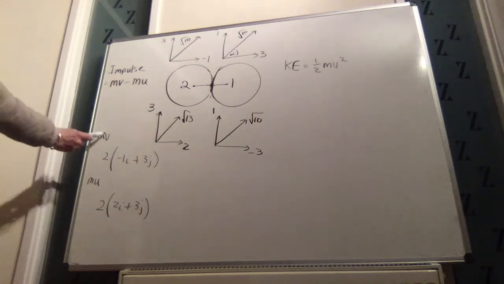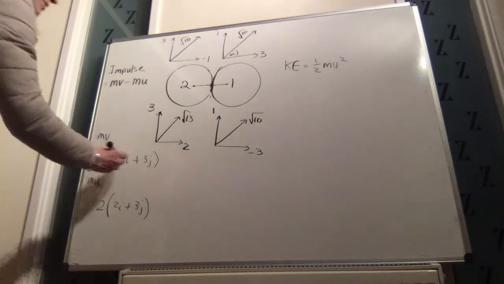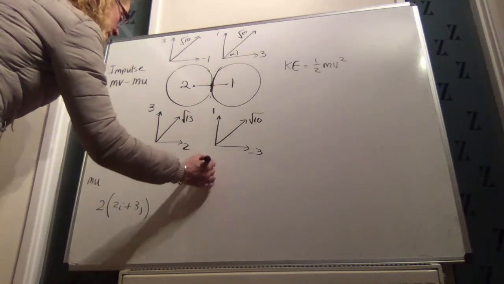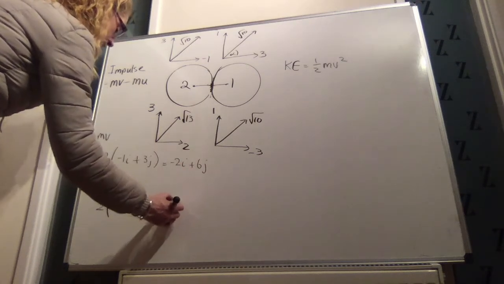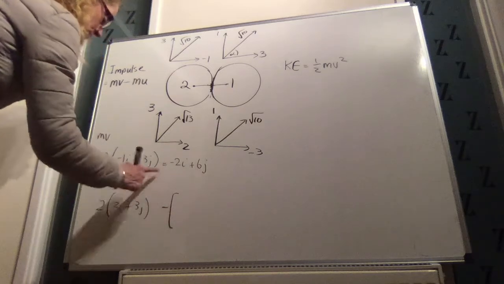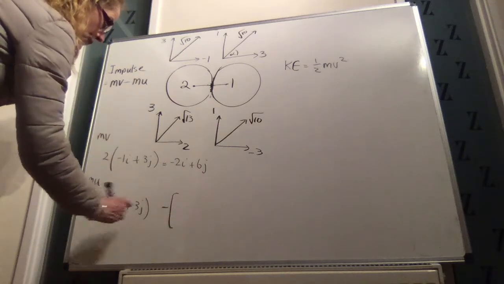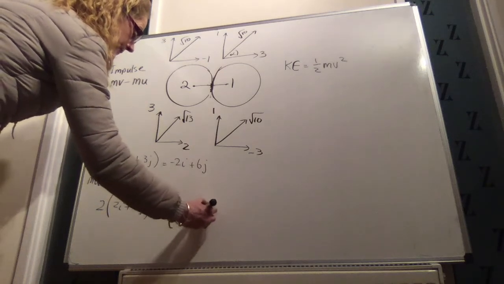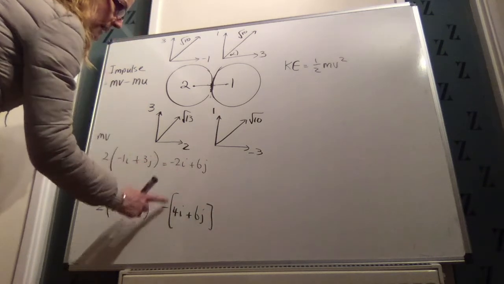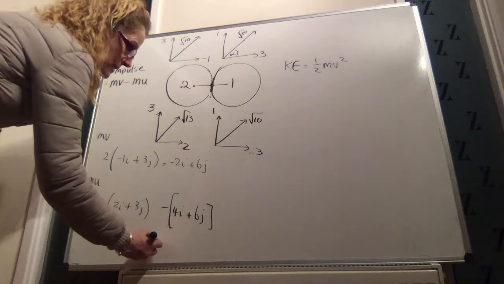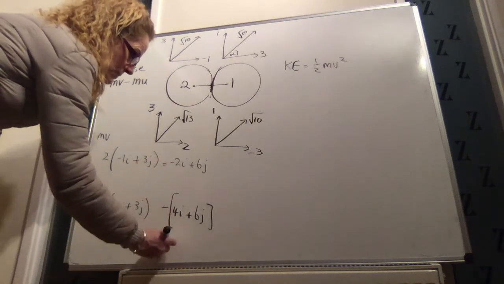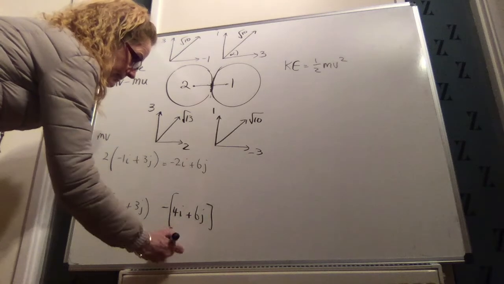Now what's mv minus mu? Well, that is minus 2i plus 6j, take away, we're subtracting this, 4i plus 6j. So minus 2i take away 4i leaves you with minus 6i.